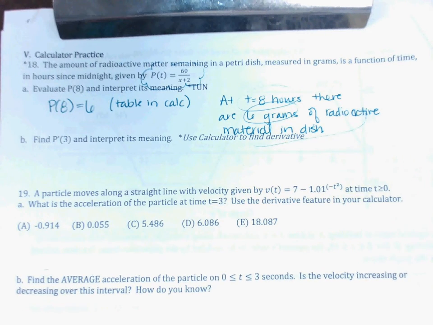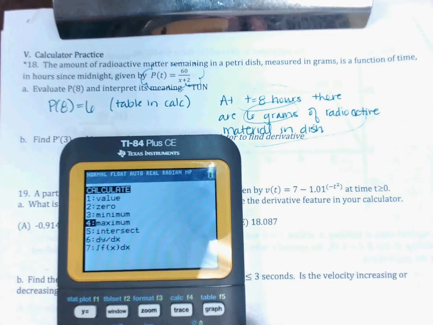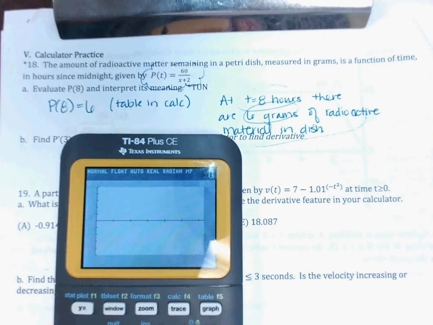Now, when I find P prime, that tells me how fast that's changing. So, second trace in the graph, dy/dx is option number 6. Also my graph is zoomed in, but remember, as long as I can see 3, it really doesn't matter. You can fix it if you want to, but I'm not going to.